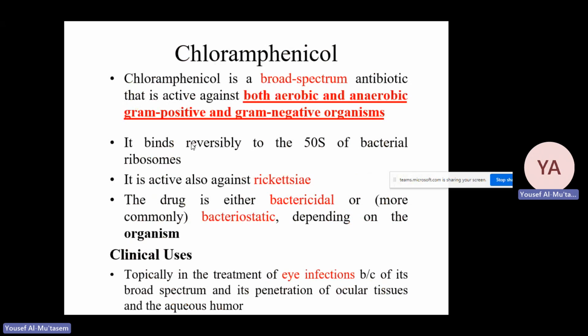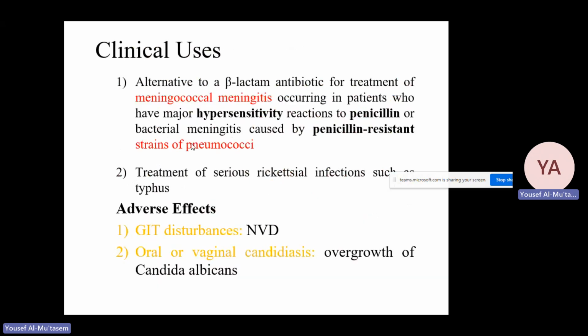It has activity against rickettsia as well. It can have bactericidal and bacteriostatic activity depending on the organism. The only preparations of chloramphenicol currently available are for the eyes and for the ears only.